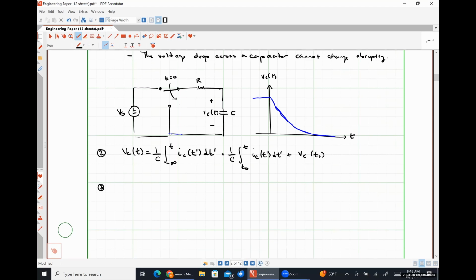For our third relationship, we'll talk about the power absorbed by a capacitor. That's going to be the current flowing through a capacitor times the voltage drop across the capacitor. Substituting in mathematical relationship number 1, this looks like C times the voltage times the derivative of the voltage with respect to time.